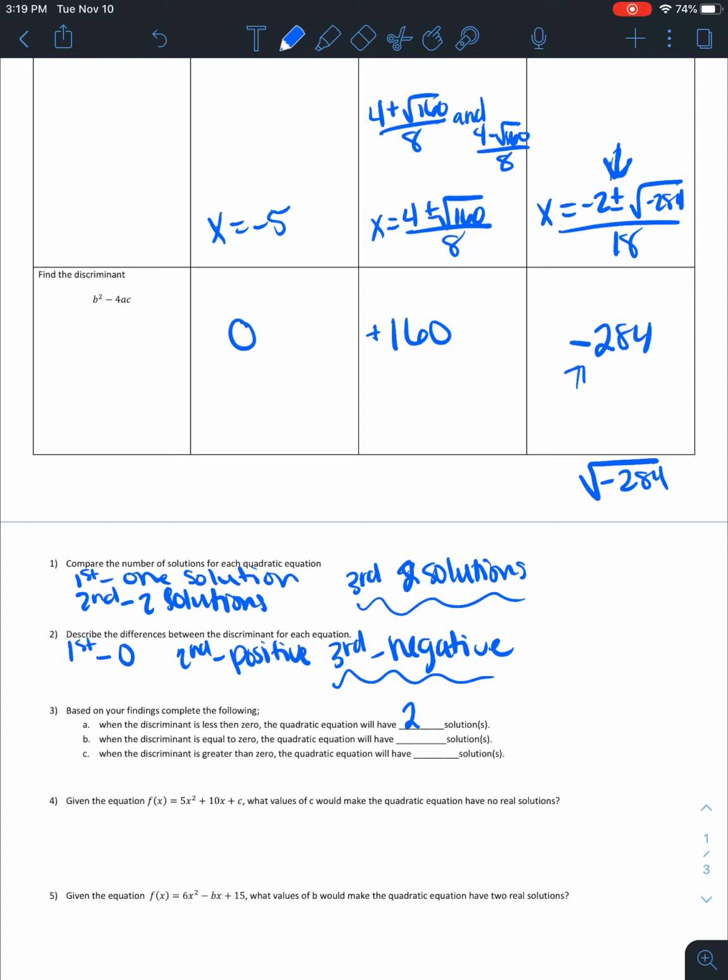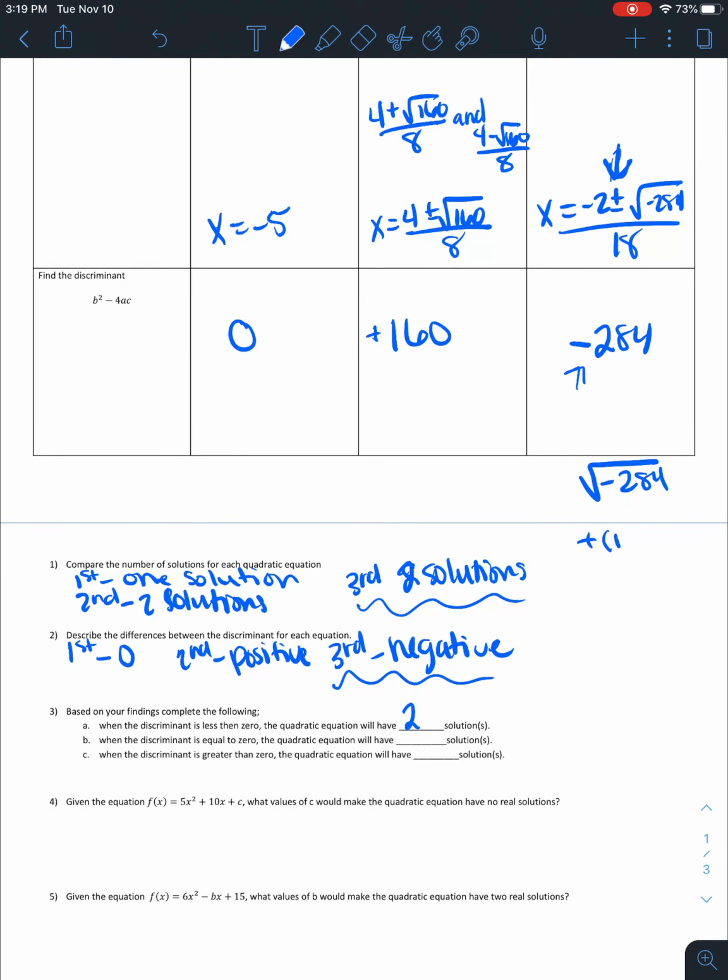When we're taking the square root of something, we're thinking about what did we multiply by itself to get this number. So if we had a positive number multiplied by a positive number, we would get a positive answer. And if we had a negative number multiplied by itself, we would also get a positive answer. So we have this issue with this negative number being under the square root.